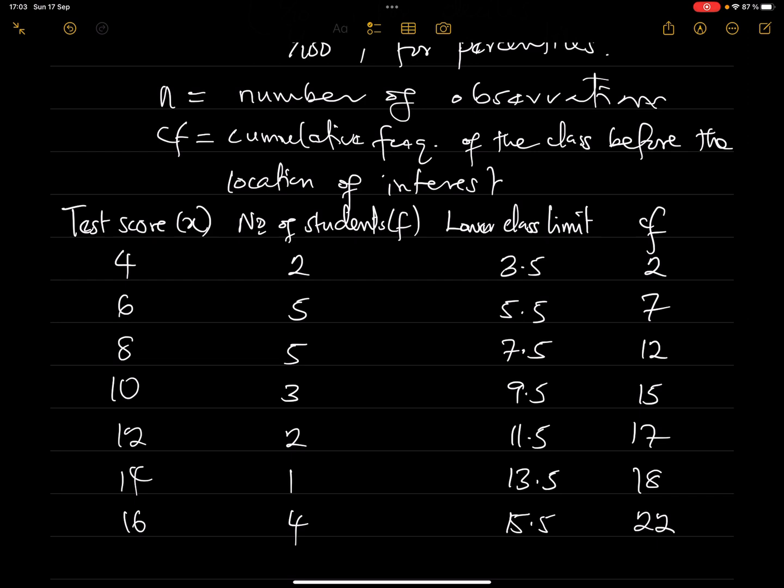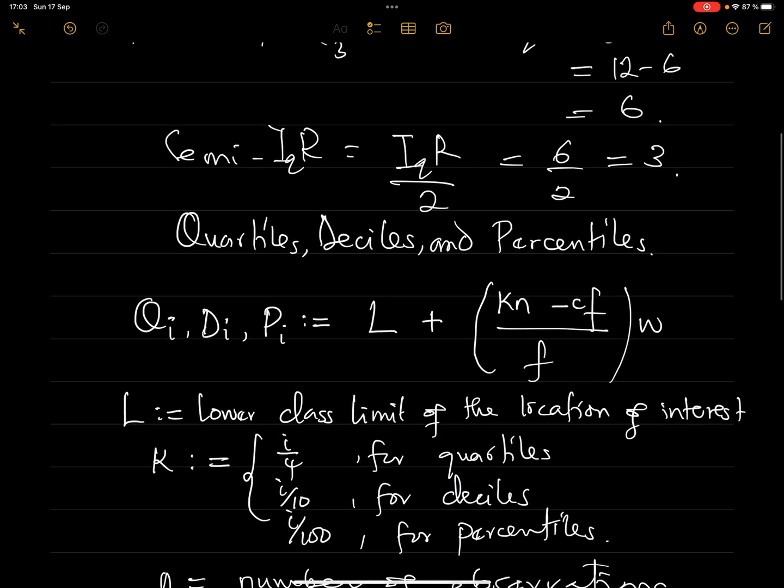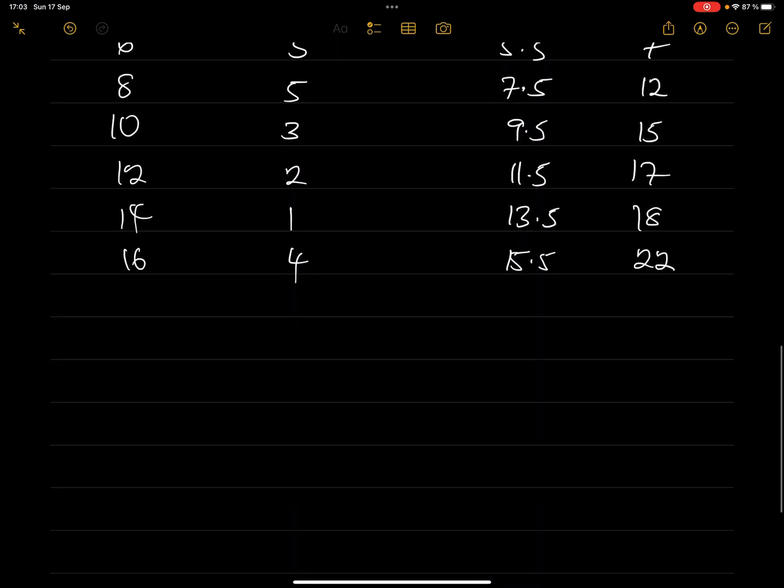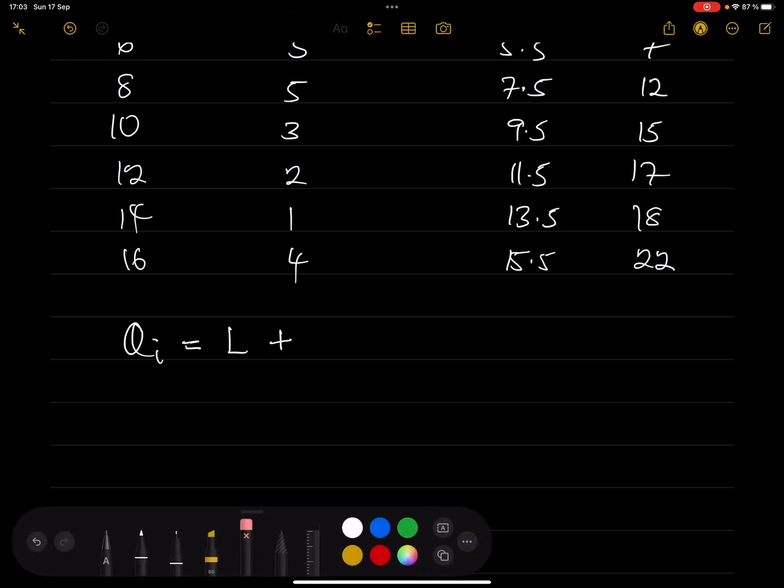Perfect. So now we need to apply our formula. Okay, this is our formula for quartile. Remember the formula for quartile Qi. It is the lower class limit of the location of interest plus, open a bracket, open a bracket, Kn.